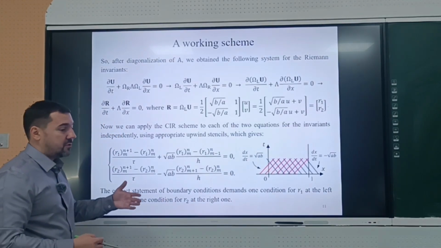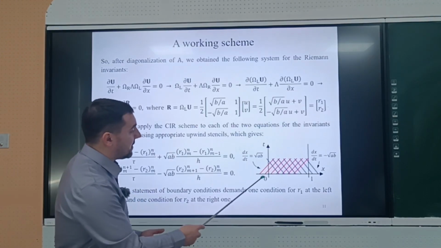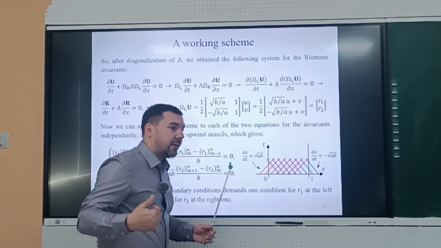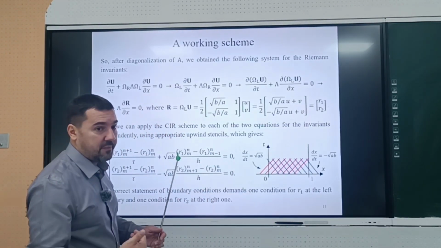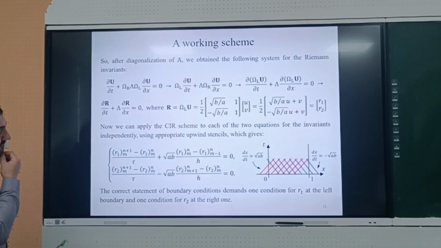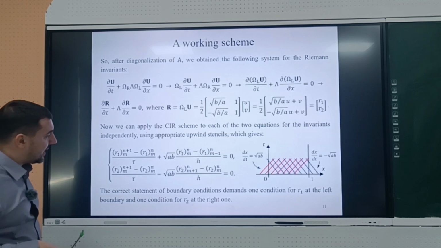For the correct statement, we should also understand the behavior of characteristics. In fact, the number of boundary conditions is defined by the number of characteristics that come from outside of our domain. I will show you that for the nonlinear case, it depends on the speed of sound and so on.